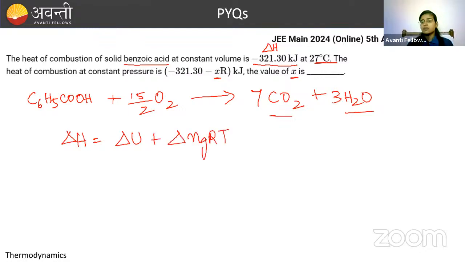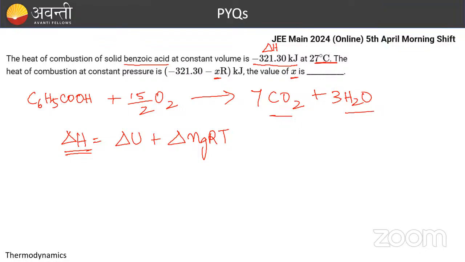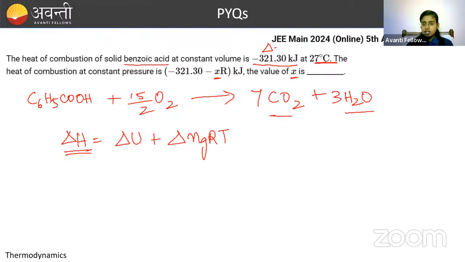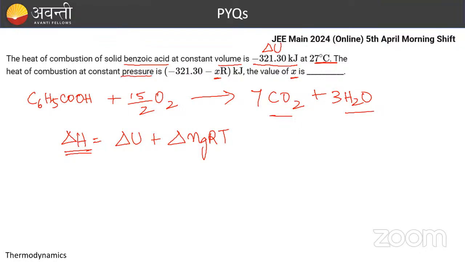So again, you have to use this formula, because the heat of combustion at constant pressure means it is delta H, and let me take this heat of combustion as delta U. This is the heat of combustion at constant volume, right? Constant volume means it is delta U. Constant pressure means it is delta H. So we have to find out the heat of combustion at constant pressure, delta H.